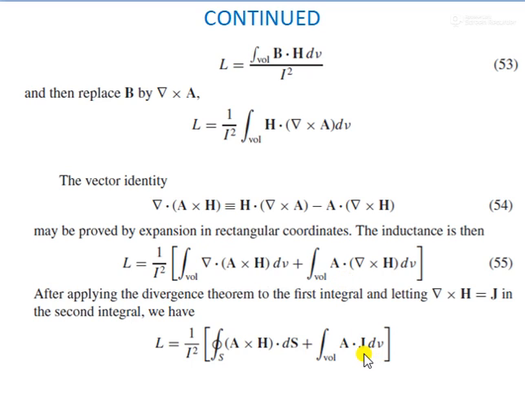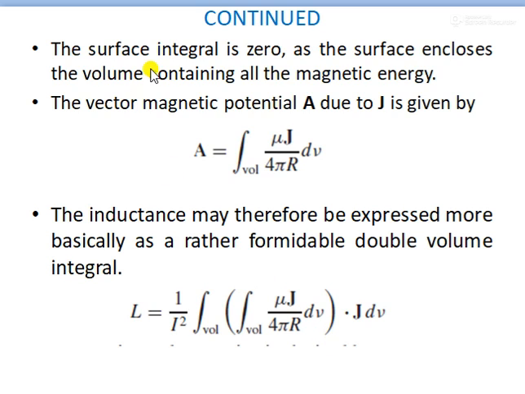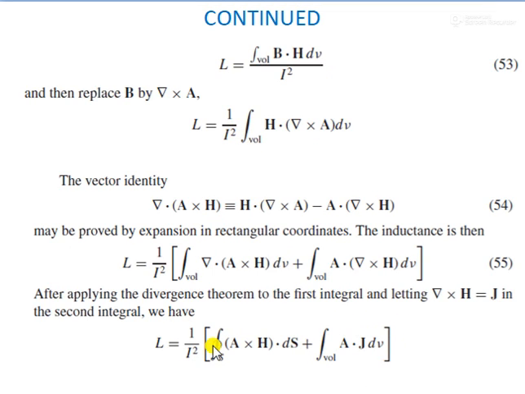For the first term the divergence theorem is applied, and for the second we put del cross H equal to J. Now the surface integral is 0, as the surface encloses the volume containing all the magnetic energy. So we get just L is equal to 1 by I squared, integration over volume of A dot J dV.